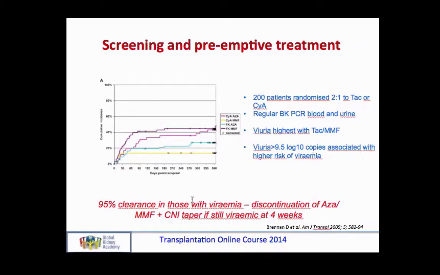Once viremia was detected, the protocol was to discontinue the antimetabolites, so that was either azathioprine or mycophenolate, and if they were still viremic at 4 weeks, then to reduce the calcineurin inhibitor. And using that protocol, you've got 95% clearance of viremia. So reducing immunosuppression appears to reduce the risk of viremia and therefore reduce the risk of developing BK-associated nephropathy.